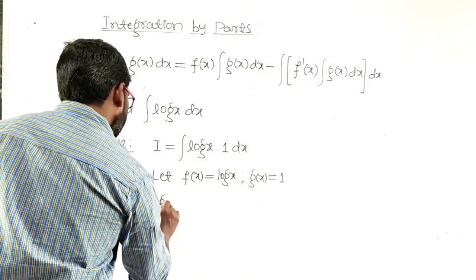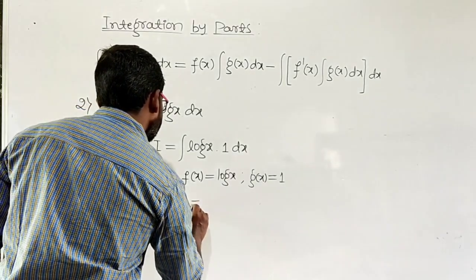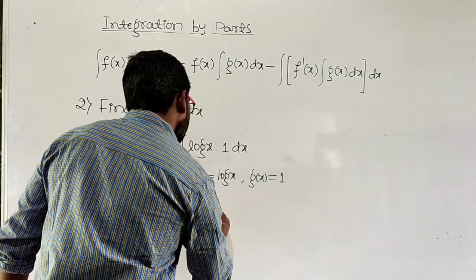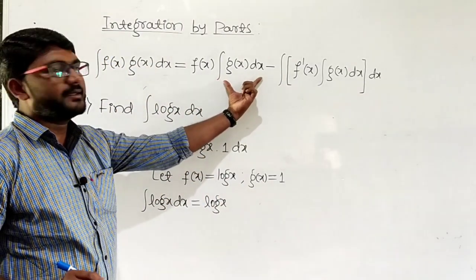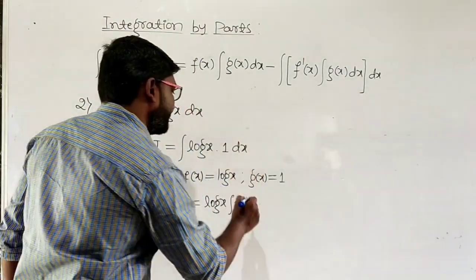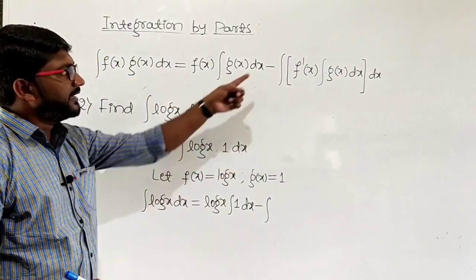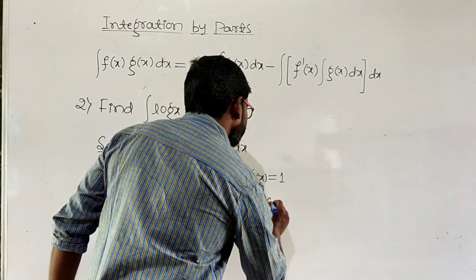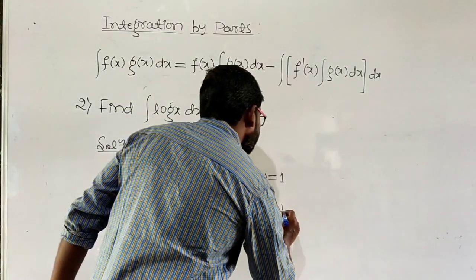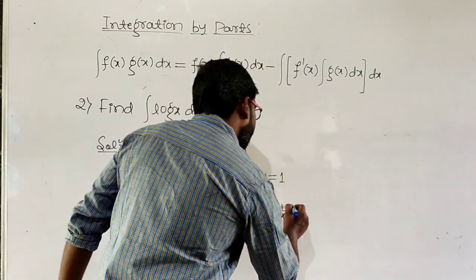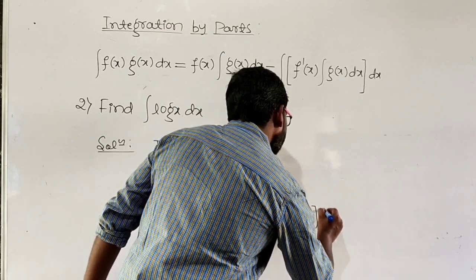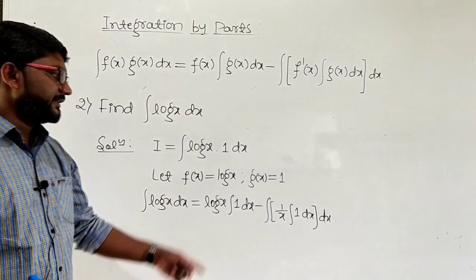Now apply this formula. The integral of log x dx equals f of x, that is log x, then the integral of the second function, the integral of 1 dx, minus the integral, in a square bracket, of f dash of x, the derivative of the first function, which is 1 by x, then the integral of the second function, close the bracket and write one more dx at the end.